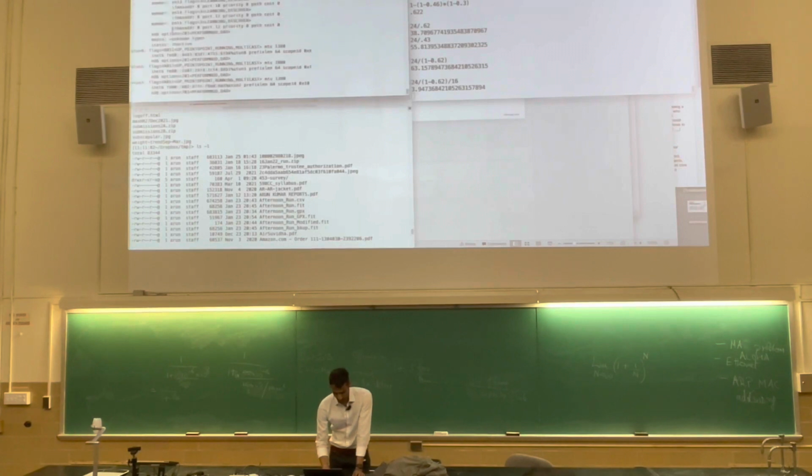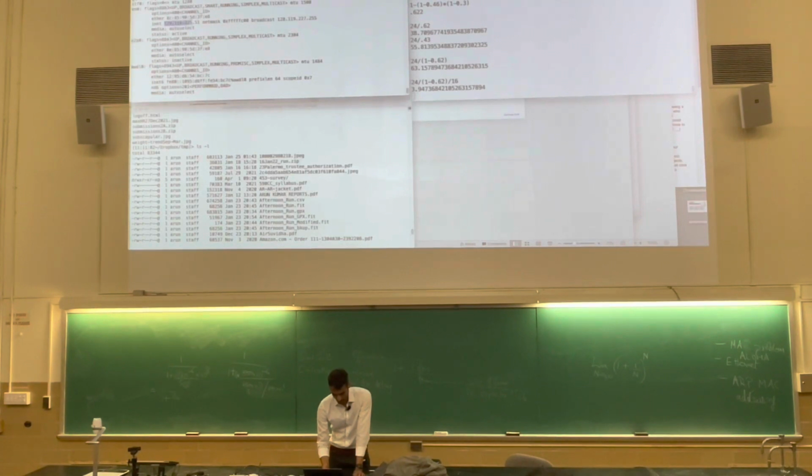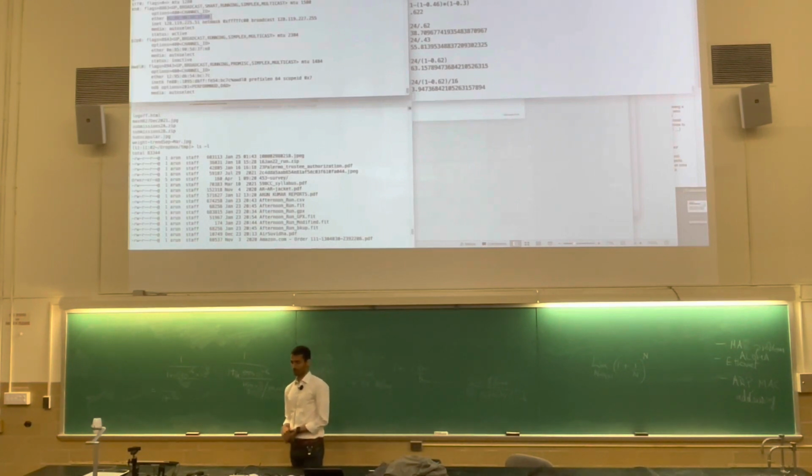If I do this, I see a bunch of interfaces, some virtual, some non-virtual. Here is an actual Wi-Fi based IP address that the DHCP server gave me when I first got connected to Wi-Fi in this room. I didn't have this when I was in the office. When I got here, Wi-Fi gave me something like this, and that interface's MAC address is this. That is in hex, so you see 6 times 8, 48 bits total.